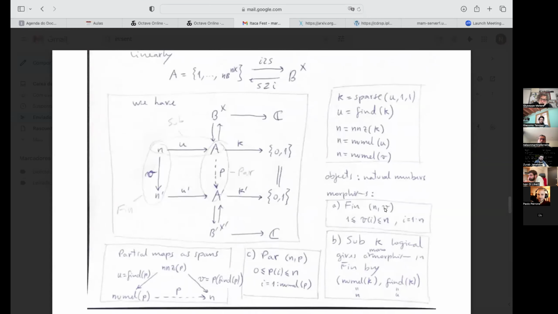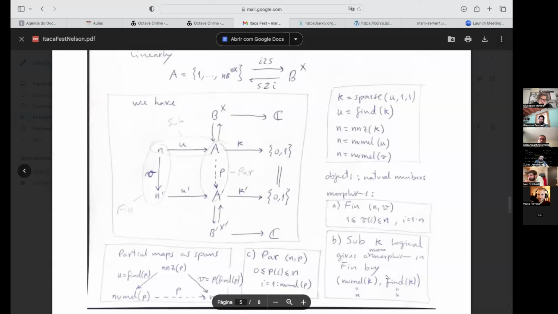And that's how we encode morphisms between ordered sets. Then partial maps are the same, except that they are allowed to be zero. And the subobjects are the logical vectors, which are also in correspondence with the vectors with unique entries.